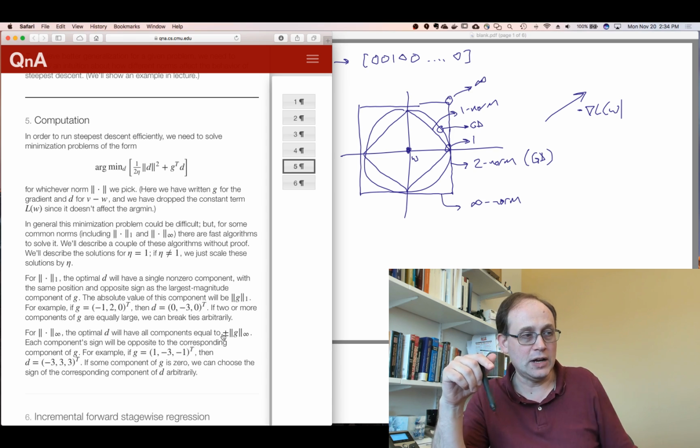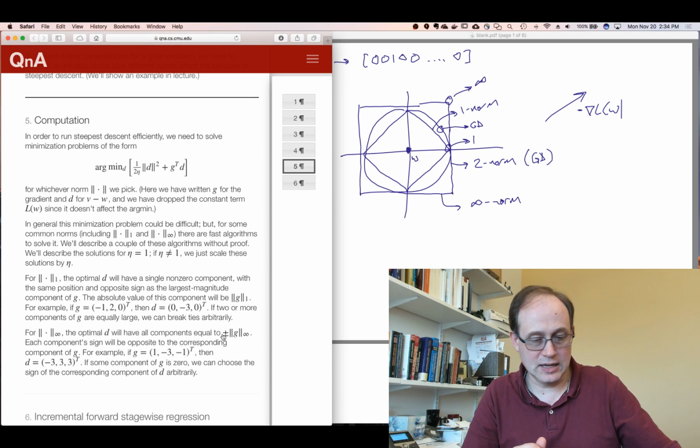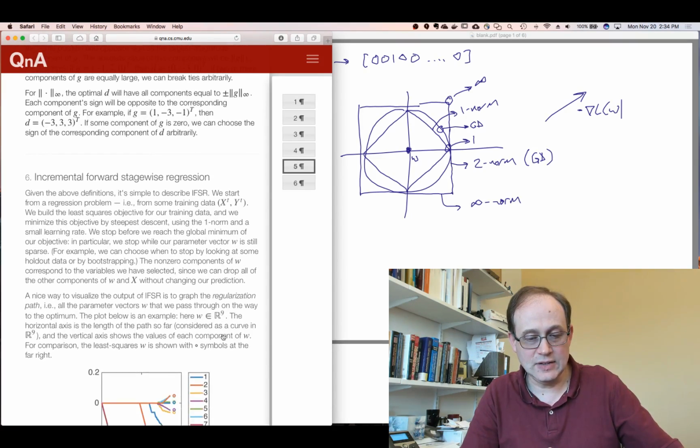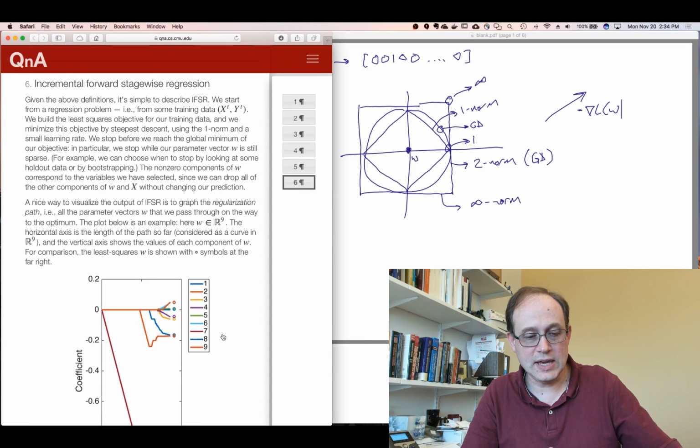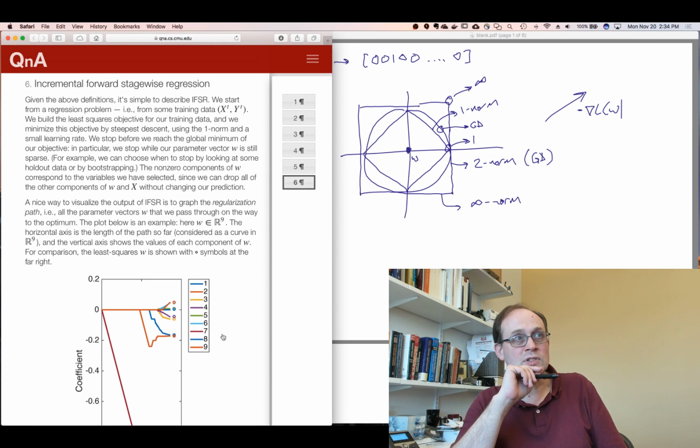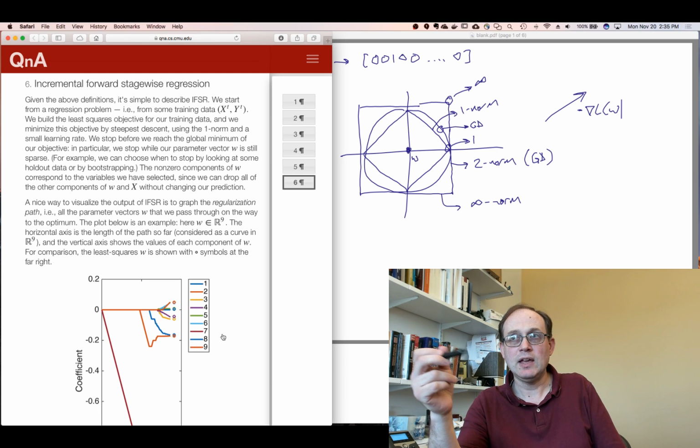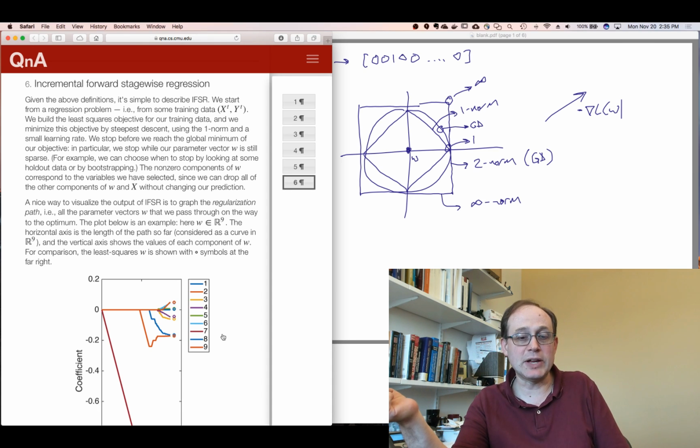All right, so that is steepest descent. And given steepest descent, we can define the forward stage-wise algorithm. It's actually really simple. We're trying to solve a linear regression problem, and we could solve it by gradient descent.